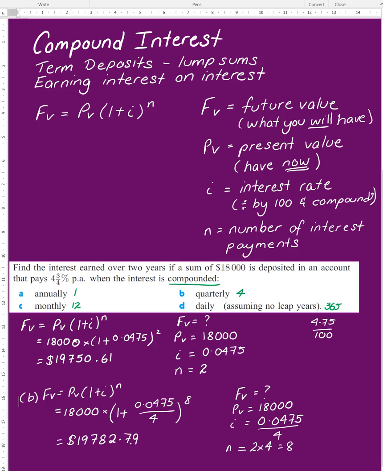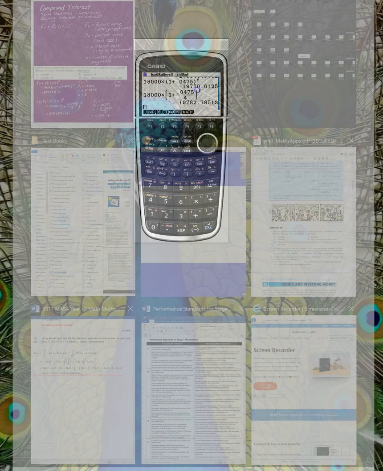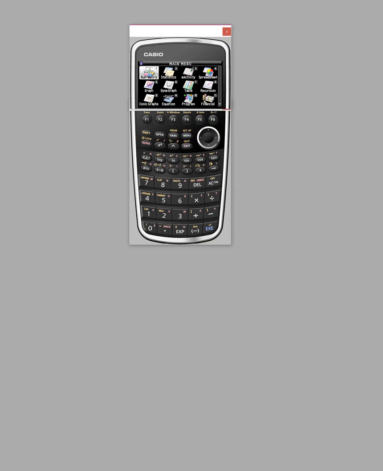Okay, how does that change on our graphics calculator if we go into using the financial function? So once again we go back over here, press enter. So now what changes? The interest is still the same. By the way, I forgot to show you, we didn't have to divide that by 100 because the calculator already did that for us. So that stays the same with quarterly, but our N is different. So that becomes 2 times 4.